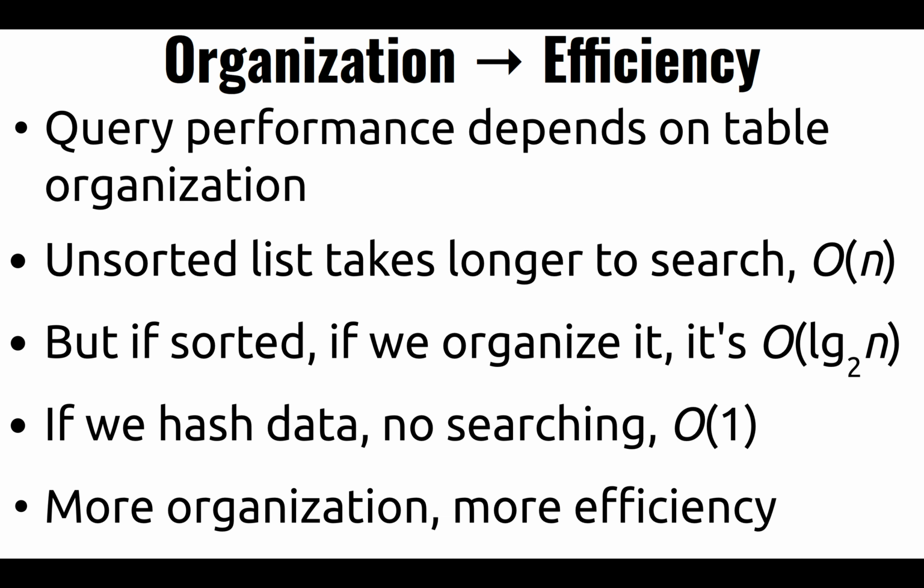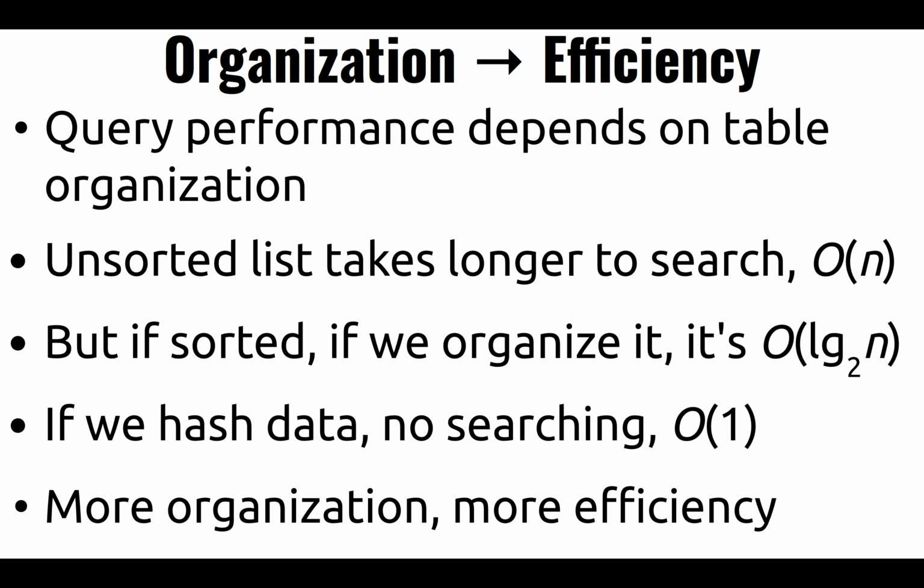And we also saw that if you're clever, if you organize or pre-process your data, you could have significant improvements in the algorithm of finding things. For instance, if you have a random set of elements and you're searching for things, the only possible algorithm is to start at the beginning and work your way one after another until you find what you're looking for.